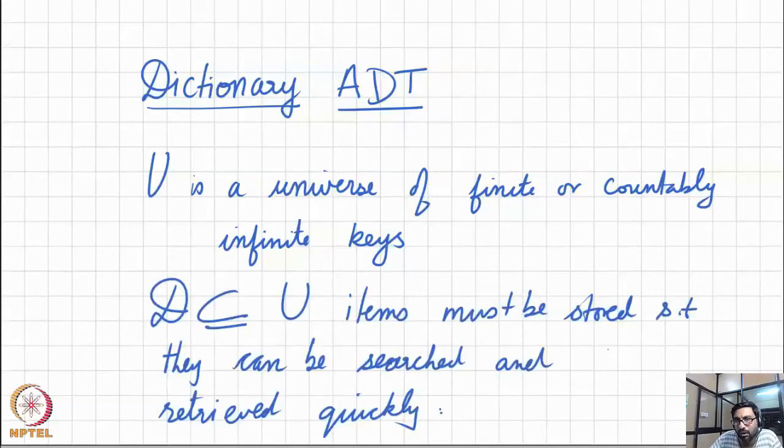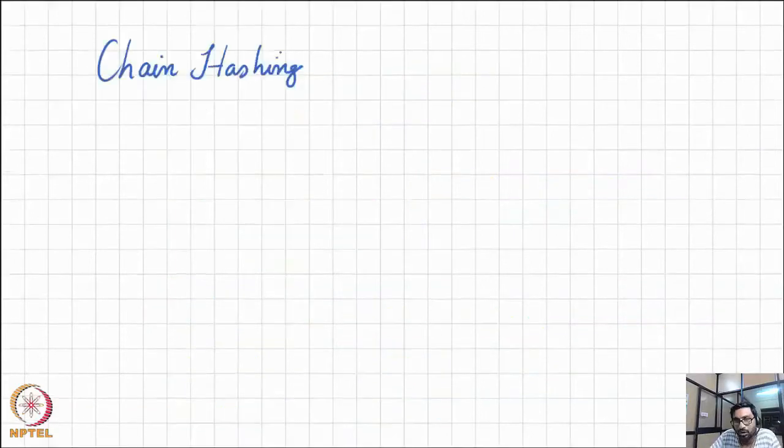Our goal in implementing the dictionary ADT is to store any subset D of this universe of keys, and it must be stored in such a manner that you can search and retrieve those keys quickly. You may have studied balanced binary search trees, which are very good dictionary ADTs.